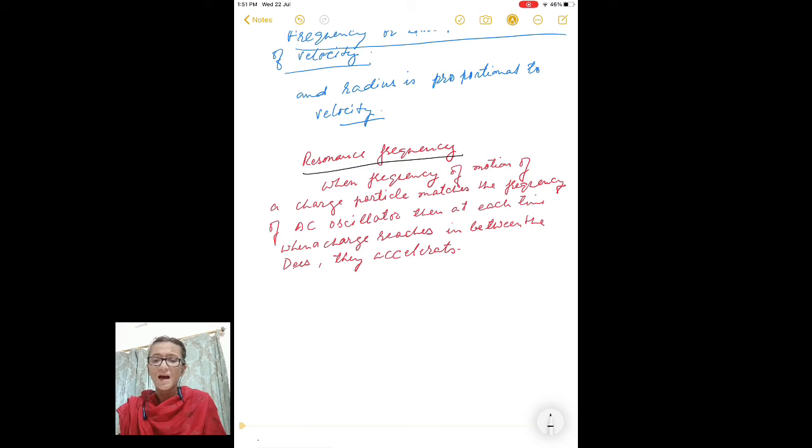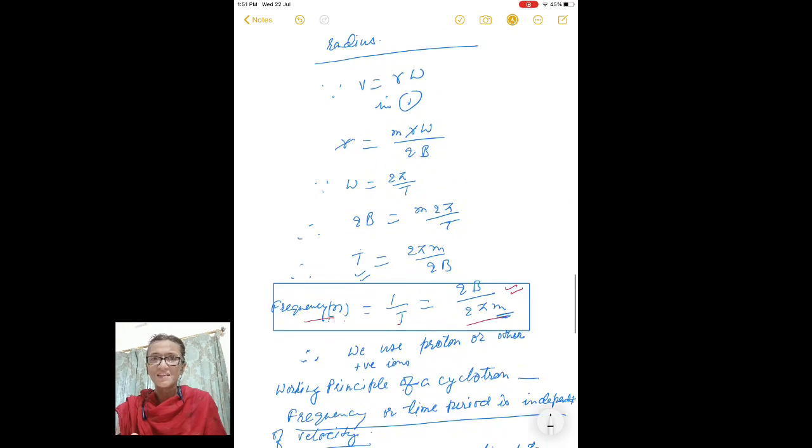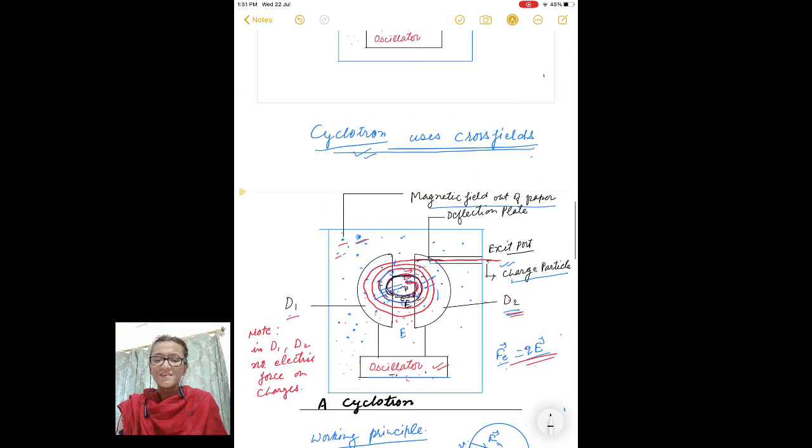So after half a time period, when the charged particle changes its course of motion, the electric field of the AC oscillator also changes, and it is now along the direction of motion of the charged particle.